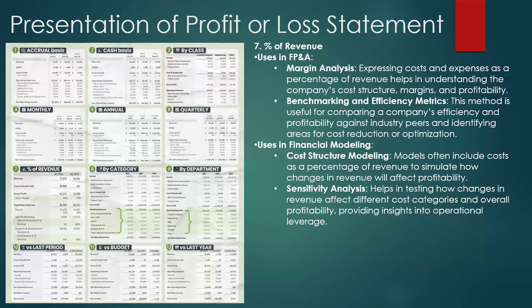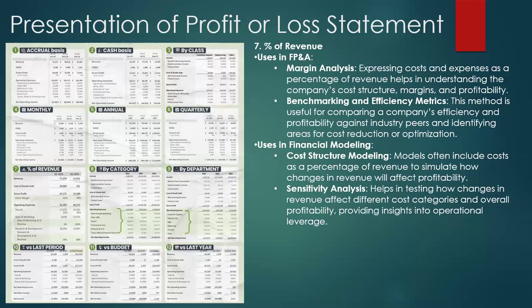You prepare a percentage of revenues statement for your cost reductions. The COO, Chief Operating Officer, will be looking at how you can reduce the cost, and that presentation of profit and loss will be very helpful for it. You understand financial modeling, so you have to prepare the cost structure modeling.